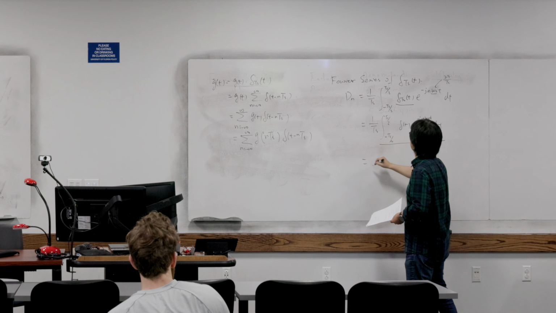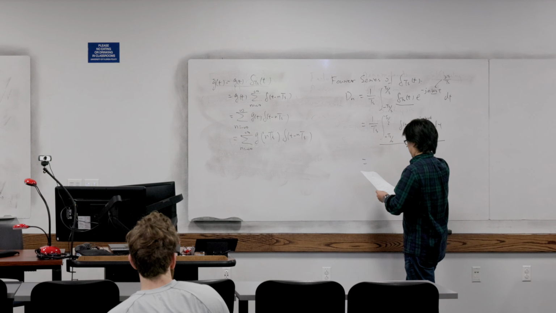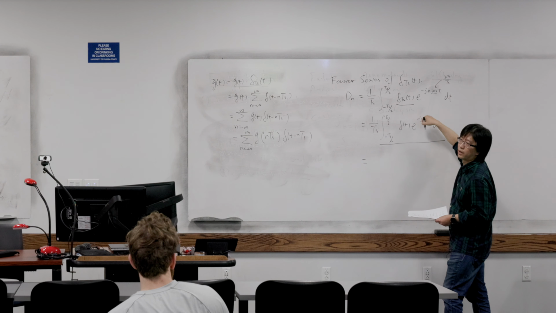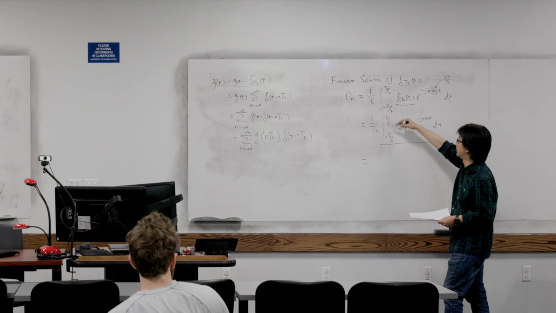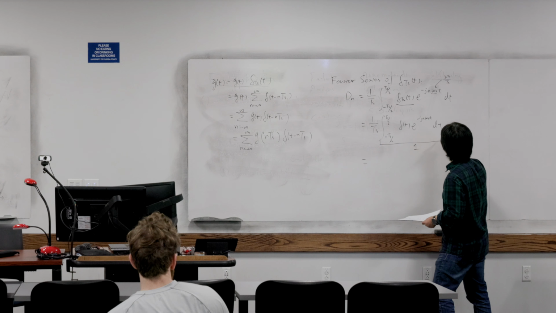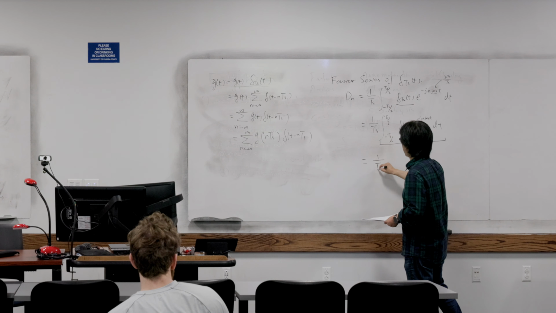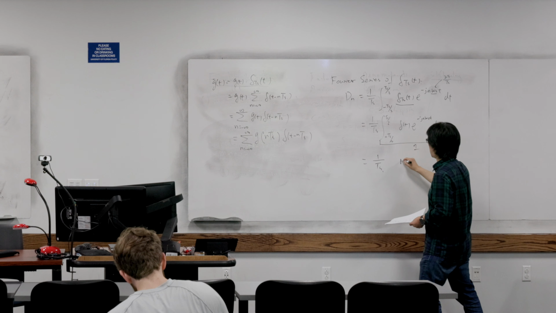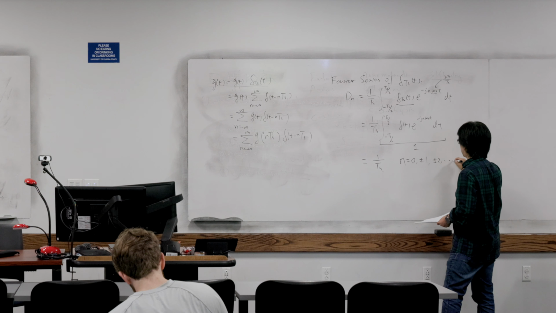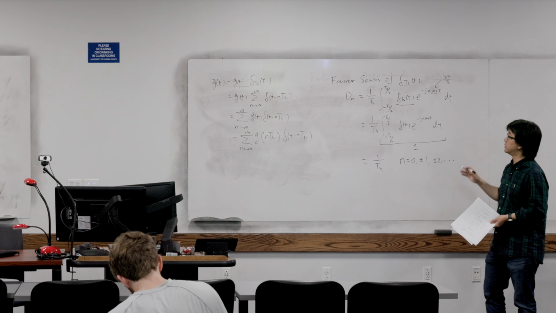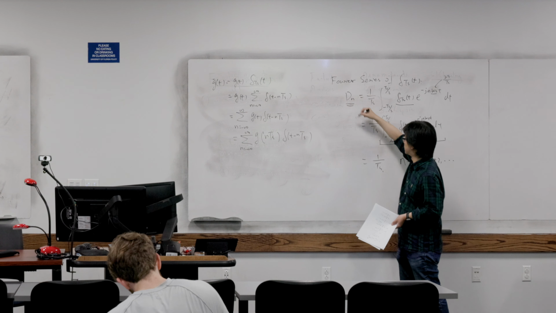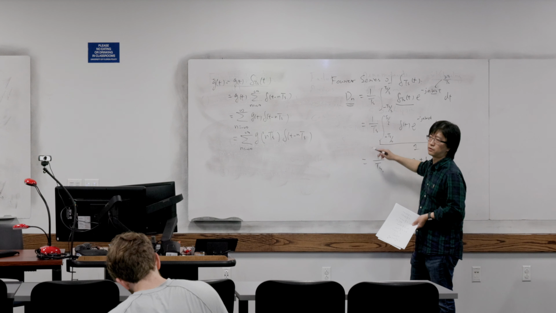The exponential gives 1, and integrating the delta signal gives 1. So 1 over Ts is what is left, for all n equal to 0, plus or minus 1, plus or minus 2, and so on. It's interesting that for this periodic signal, its Fourier series is a constant for all n.